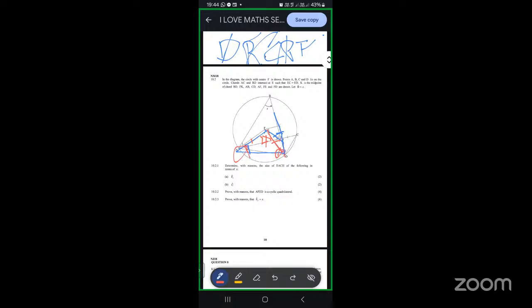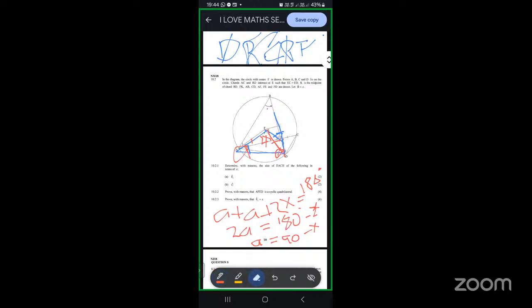Now I want to find A in terms of x. I can just say angle A plus 2x is equal to 180 degrees, angles in a triangle are supplementary. Therefore, 2A is equal to 180 degrees minus 2x, so A will be equal to 90 minus x.